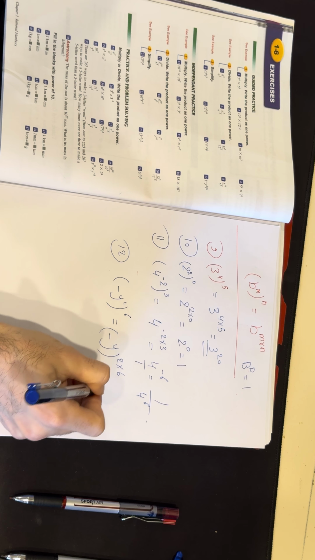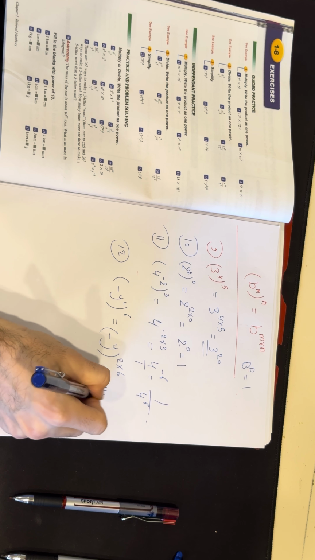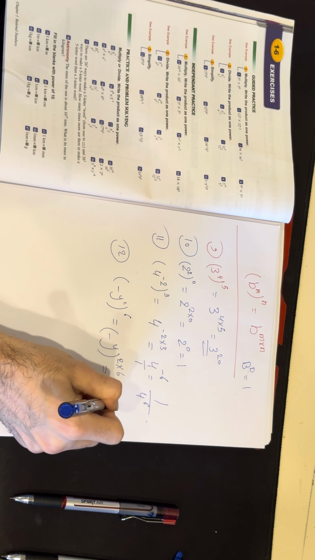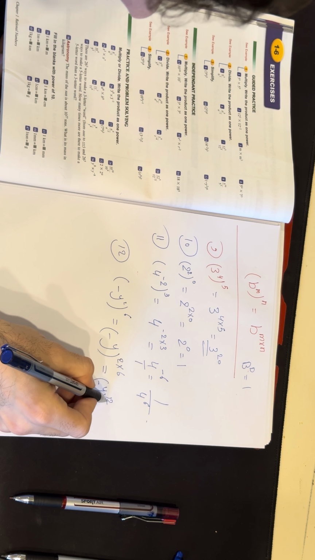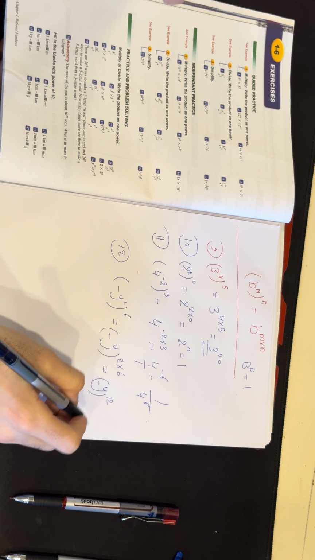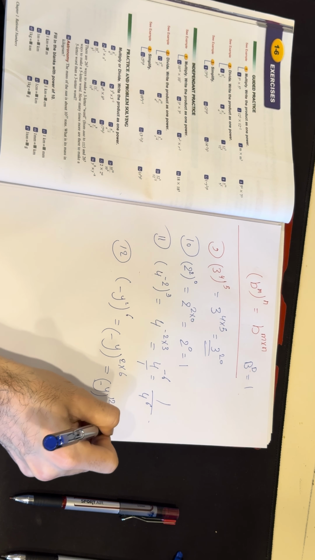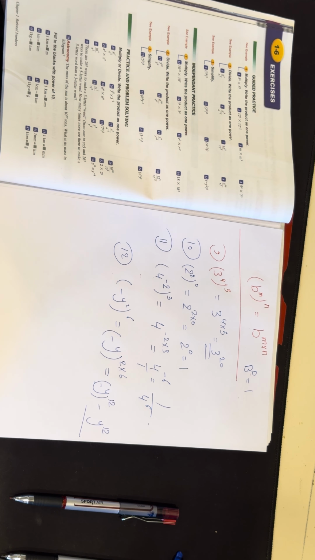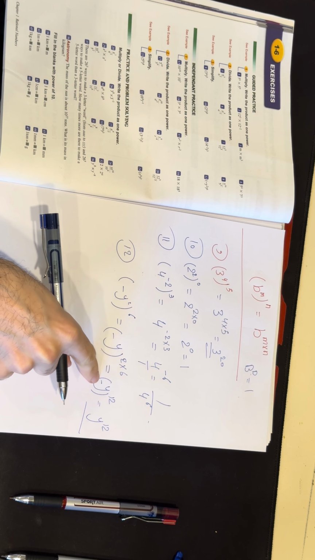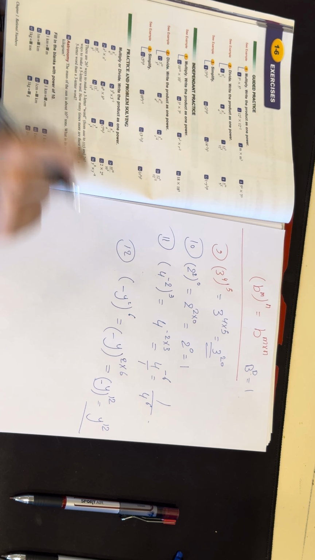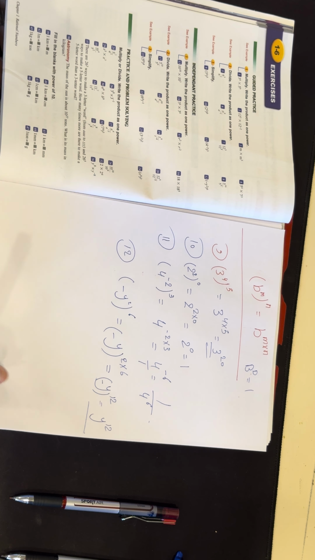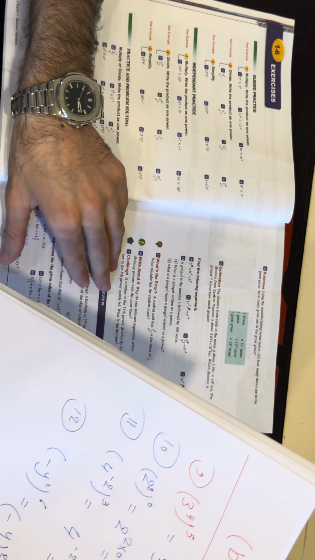Then negative y power 2 times 6 is 12. If you remember, we said when the power is even, the negative will be gone. Yes. So if I remove the bracket right now, it will be y power 12 in positive, because the power is even, the negative will be gone. That's how you're going to solve a question in power.